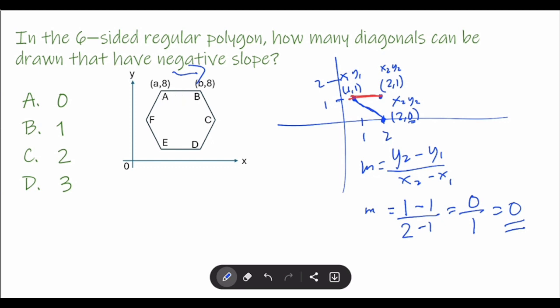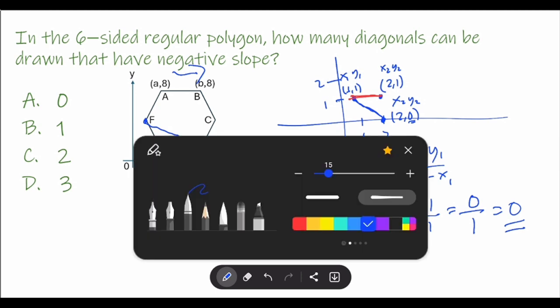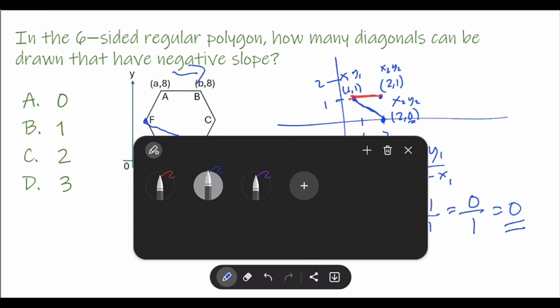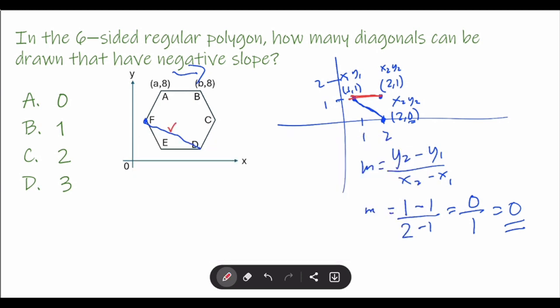Now we're going to have F. From F going to D is a negative slope, so I'm going to put a check mark for this. Then from F to C, it's not a negative slope because it's a straight line, the slope is 0.